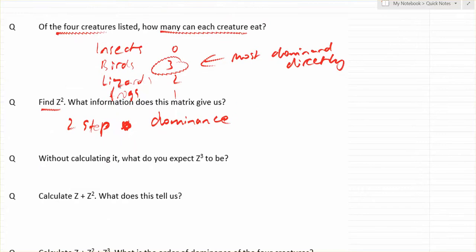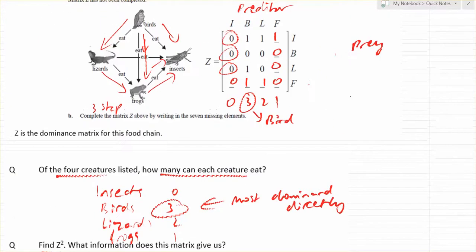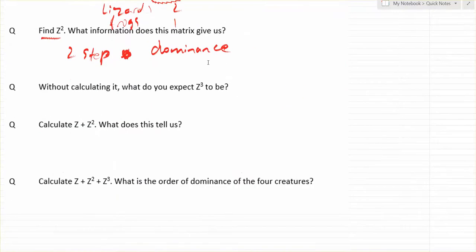Without calculating, what do you expect Z cubed to be? There's only one path in which you get three-step dominance, and it's going from birds to insects. So I'm expecting all the values to be 0 except birds.